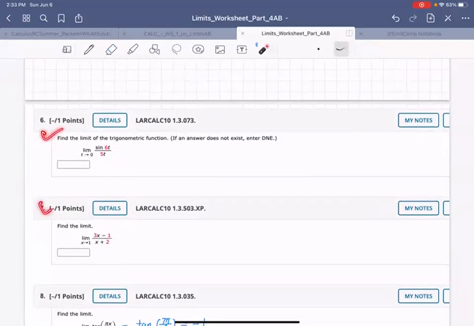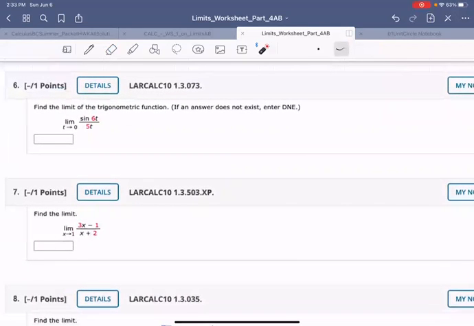Go ahead to number 6 and number 7. When you give me the answer for number 6 and number 7, please put number 6 answer, number 7 answer.